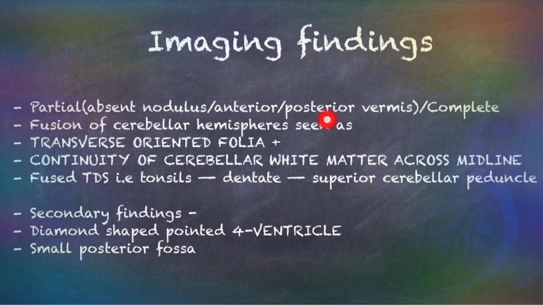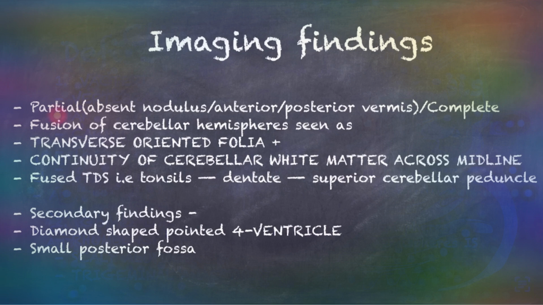On imaging, you will notice partial absence of the nodulus, anterior or posterior vermis, or complete absence of the vermis, with fusion of cerebellar hemispheres, which is seen as transversely oriented folia, continuity of cerebellar white matter across the midline, and fused TDS structures. This is a mnemonic made by me. Fused TDS. TDS stands for tonsil, dentate and superior cerebellar peduncle.